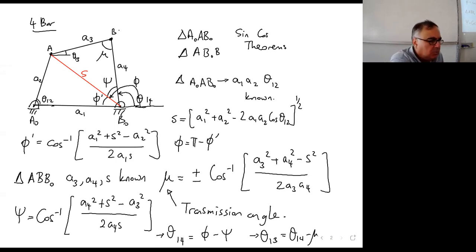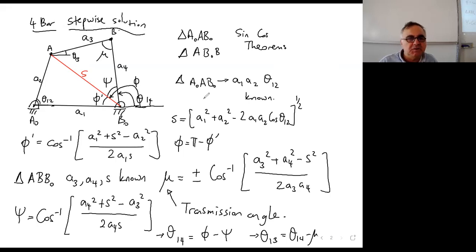This is the so-called stepwise solution for the four-bar mechanism. As you see, I didn't use the loop equations or anything for the four-bar mechanism position analysis here. We just use the solution in steps.